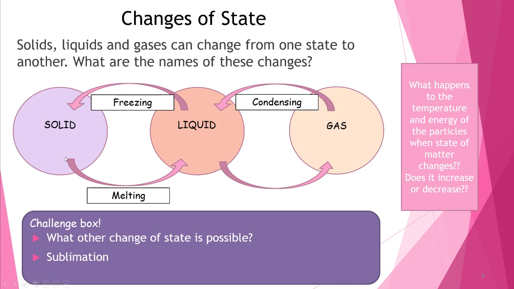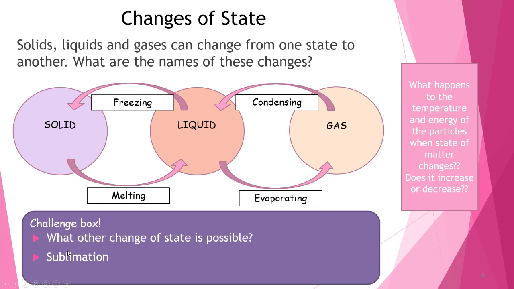And when the solid gains energy, we say the solid is melting, turning into a liquid, and our last step is liquid evaporating into a gas. All these keywords we should be using in our explanation, making sure that we are answering these questions in terms of the temperature and energy of the particles.